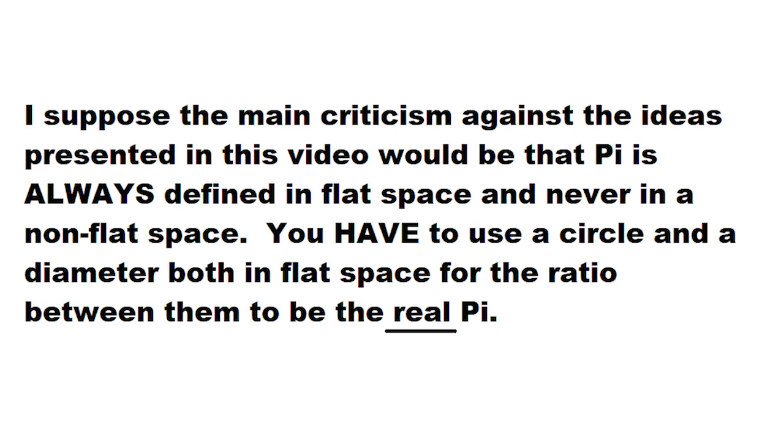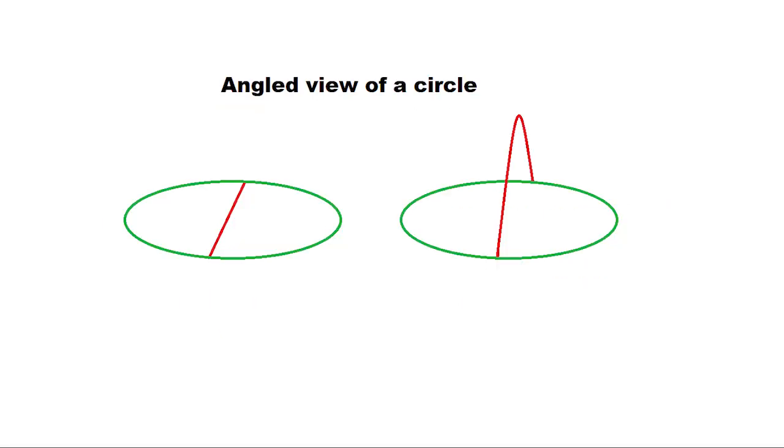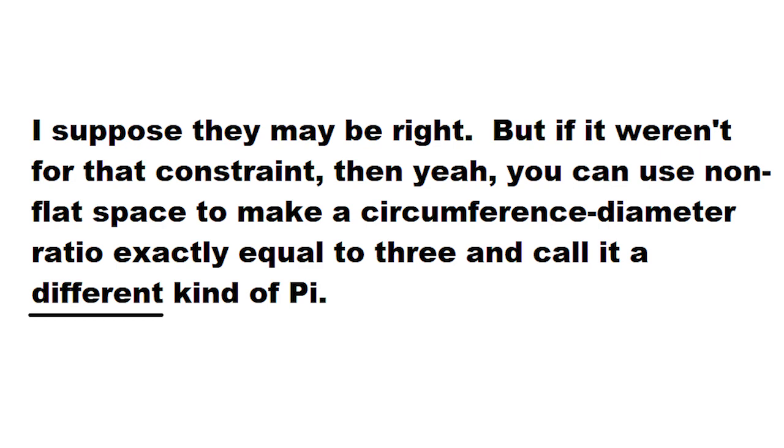Of course, if someone says that pi is not simply a diameter over a circumference in any space, but explicitly a flat diameter over a flat circumference in a flat space, then of course this different kind of pi we constructed with longer quote-unquote diameters in a non-flat space will never gain any type of acceptance, and maybe it shouldn't.